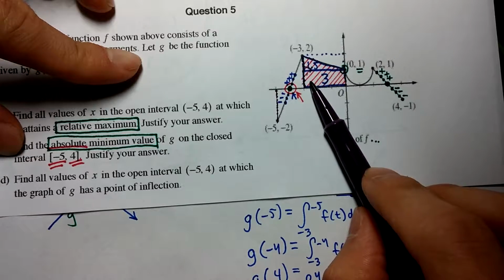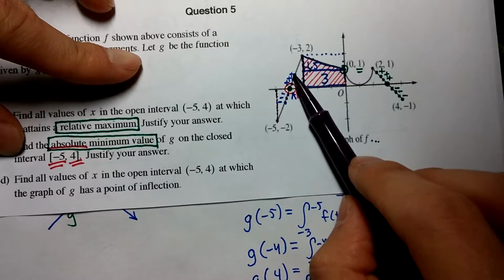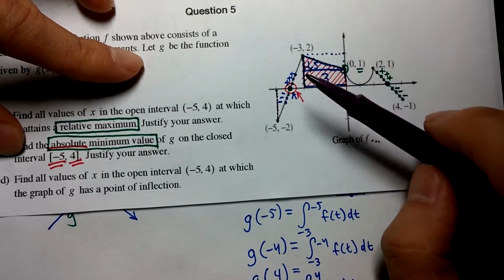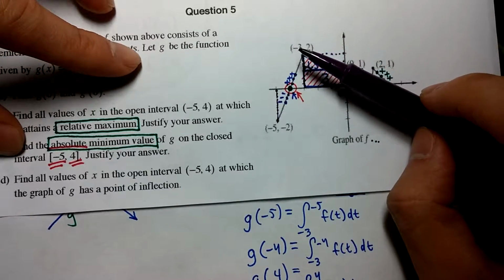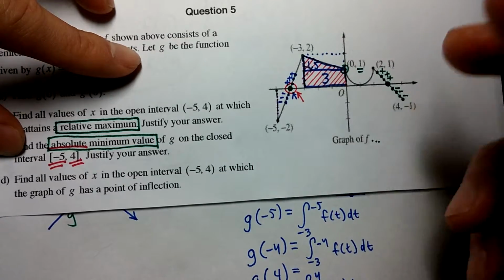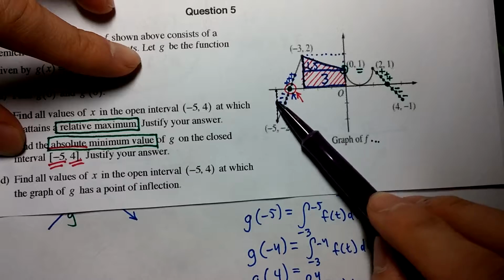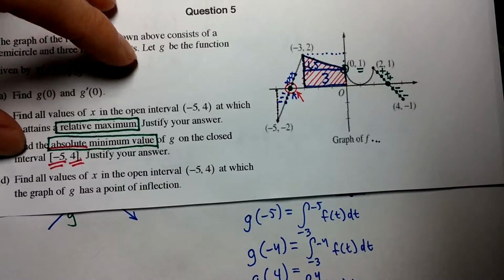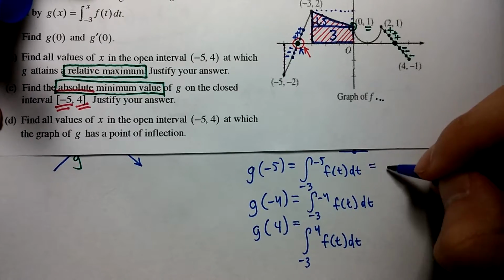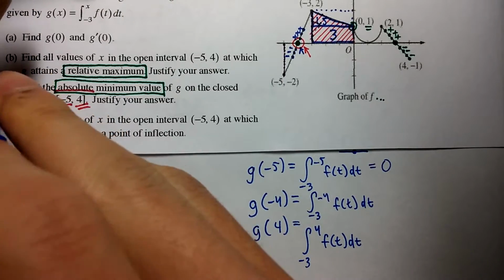If I were to add up these two areas, then they will simply cancel themselves out, because this is called the signed area, where you could have negative areas. So in other words, this triangle will cancel out with this triangle, which pretty much means that g of -5 is just going to make nothing, 0.